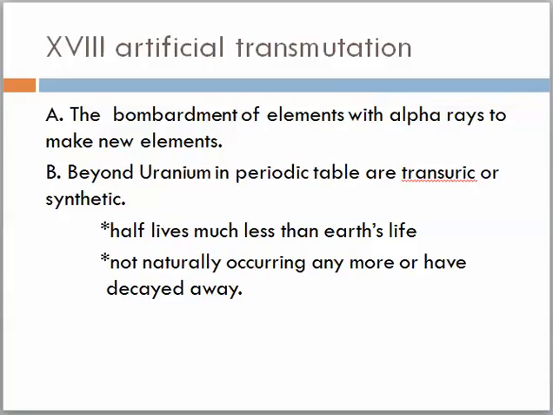Artificial transmutation. All right, so our last slide. The bombardment of elements with alpha rays to make new elements. Beyond uranium in the periodic table are transuranic, or synthetic elements. What that means is that an alpha particle, so we're going to say this is a proton, and this is a proton, and then 2 neutrons with this as well, was shot into some existing element.